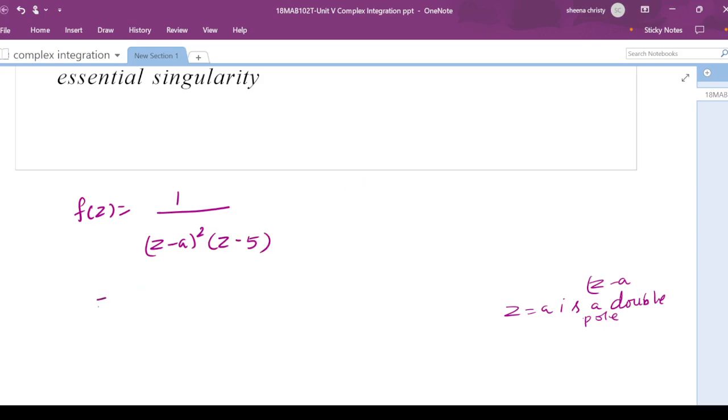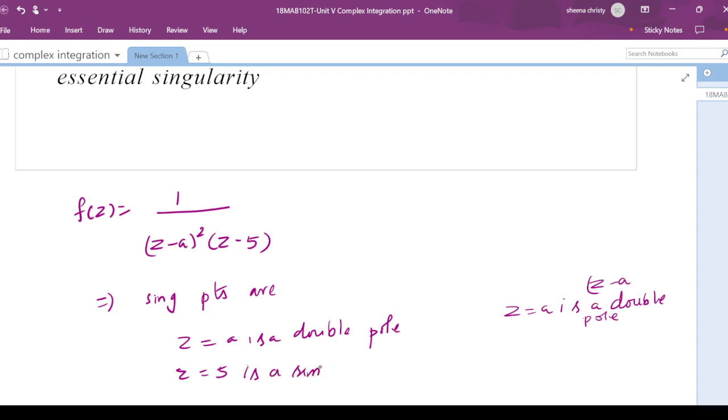Then in this case, the poles, that is singular points, are z equal to a and z equal to 5. Here a is repeated 2 times, so z equal to a is a double pole, and z equal to 5 is a simple pole or pole of order 1.